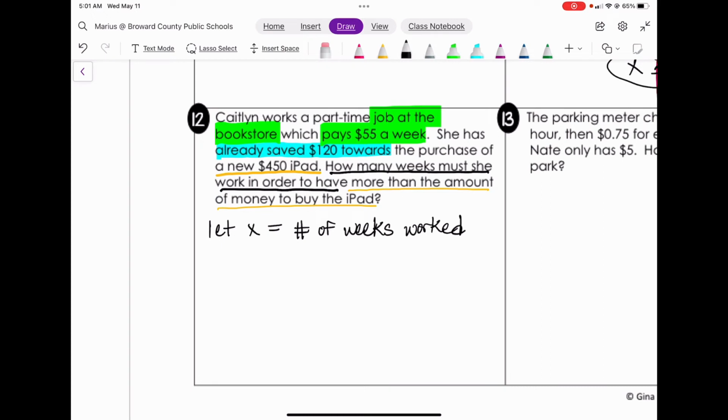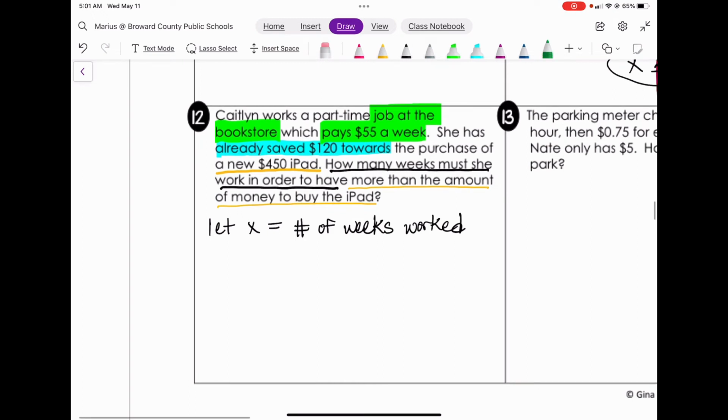So the very first sentence says she's paid $55 a week. So when we translate that, that is like saying 55 times x, or 55x. It says she already has money saved, so that's plus 120.